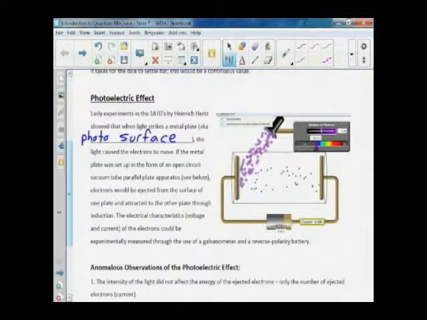If the metal plate was set up in the form of an open circuit with a parallel plate type apparatus, which you can see on the right-hand side, the electrons would be ejected from the surface of one plate and attracted to the other plate through induction. The electrical characteristics, like voltage and current of the electrons, could be experimentally measured through the use of a galvanometer and a reverse polarity battery.